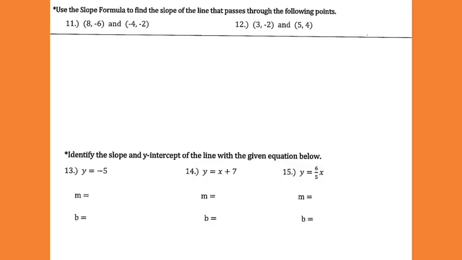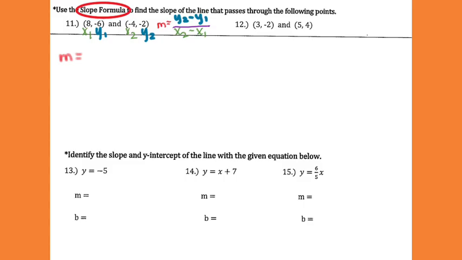On number 11, I'm asked to use the slope formula to find the slope given 2 points. So I know that's the change in y over the change in x. If I have 2 points, there's a first point, which is x1 and y1, and a second point, which is x2 and y2.